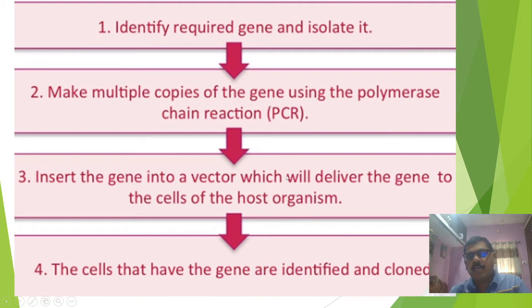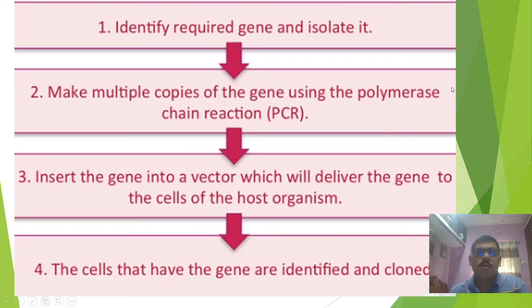And after that, that recombinant DNA molecule which is formed is inserted into the host organism. And within this host organism, this gene will be identified, it will express itself, and after that it will be cloned. This is the normal procedure of how recombinant DNA technology works.